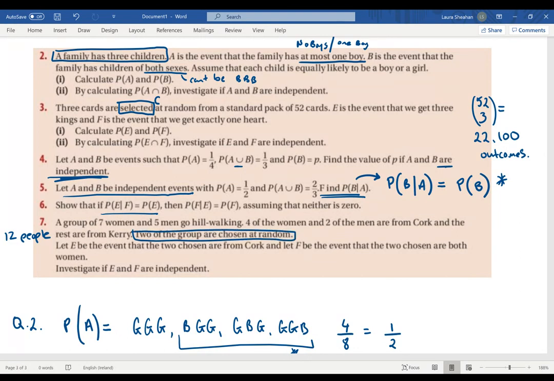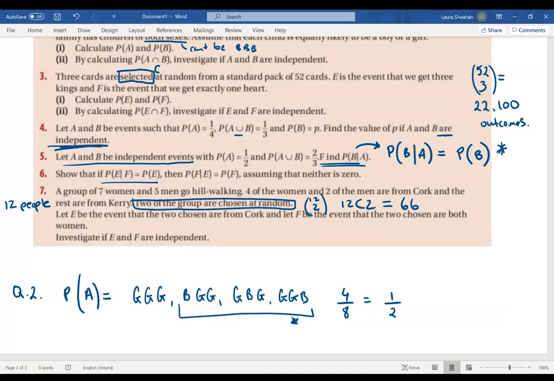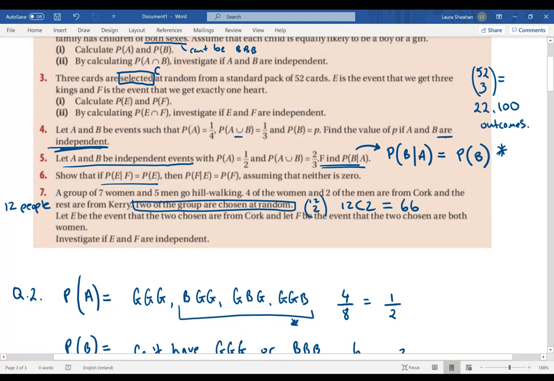So if 2 of the group are chosen at random, that is 12 choose 2. On your calculator, 12 choose 2, straight away I'll get 66. Let E be the event that the 2 chosen are from Cork. So both chosen are from Cork.